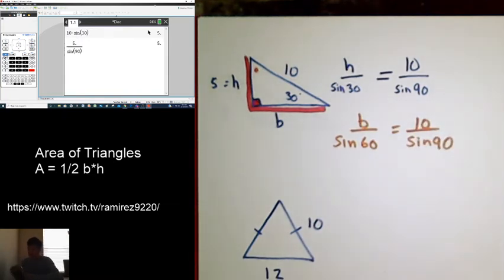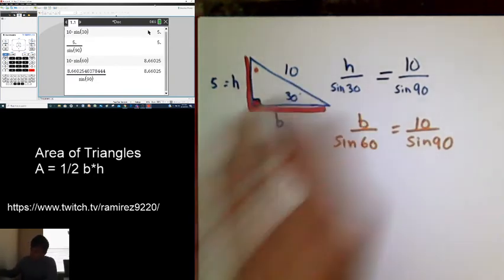So again, a quick cross multiplication. This one's going to be 10 times the sine of 60. And whatever I get, I have to divide it by the sine of 90, which again does nothing to it. So 8.66, and that's what B is.